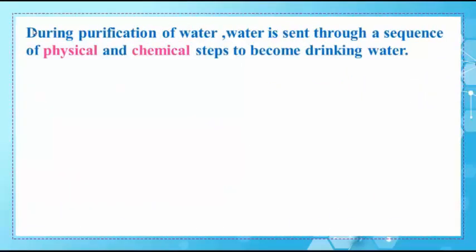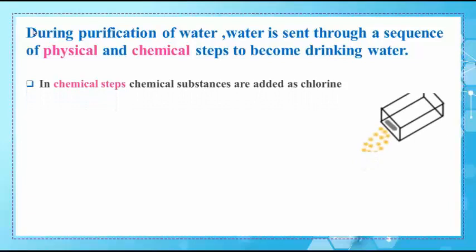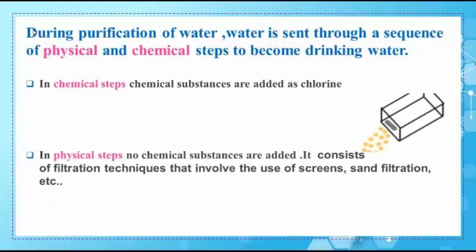During purification of water, water is sent through a sequence of physical and chemical steps to become drinking water. In chemical steps, chemical substances are added, such as chlorine. In physical steps, no chemical substances are added.